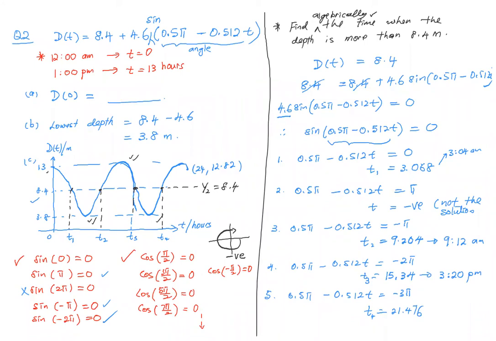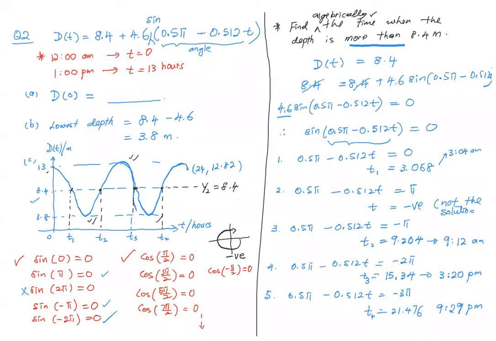Is it 9? 0.476 times 60. Yeah, 28. You can put 28 or 29, up to you. I'll put 29 p.m.